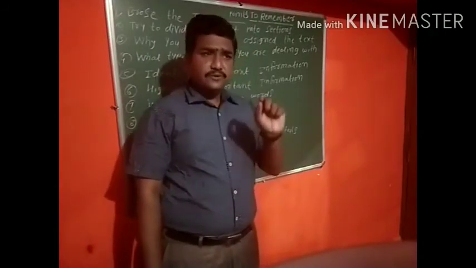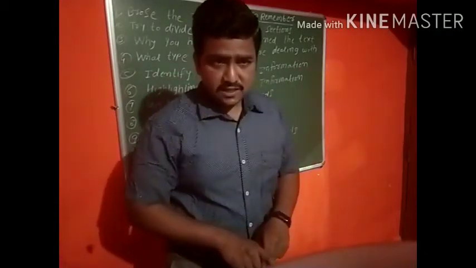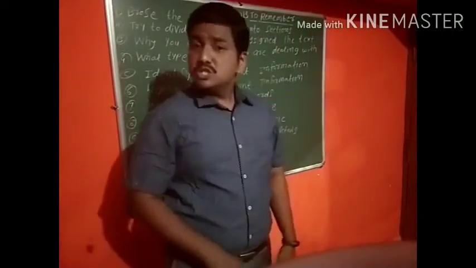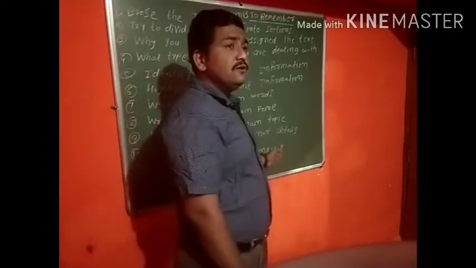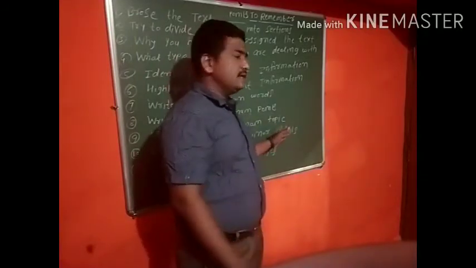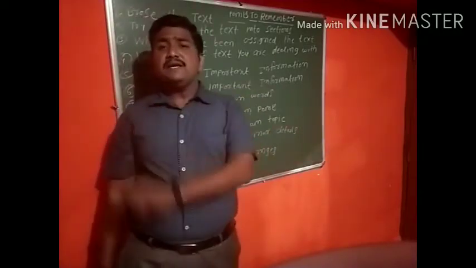Now if you really want to improve your summary writing, you have to write down the answer in just one square. You have to understand what concept they are saying, and here do not include the minor points.